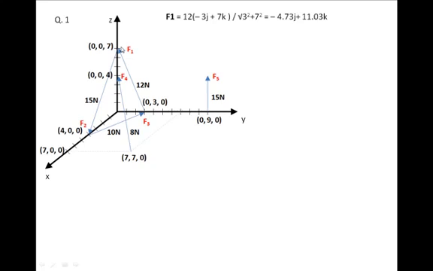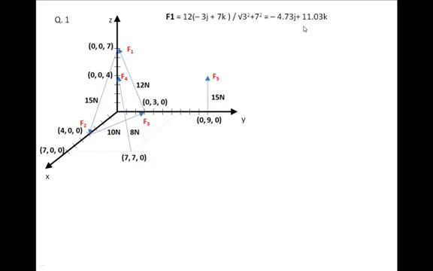This is a length vector, and we divide by the magnitude of this length vector, that will be the square root of 3 squared plus 7 squared. So I multiply the magnitude by the unit vector, and I get the force in vector form which looks like this: minus 4.73j plus 11.03k.